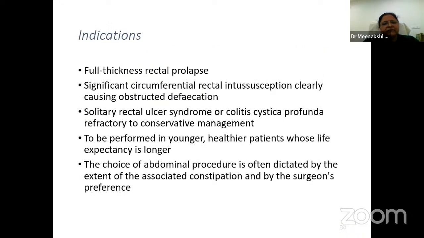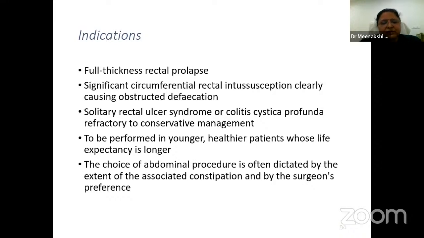Now the indications: whenever there is full thickness rectal prolapse, especially in a young or middle-aged patient, we should go ahead with these abdominal procedures, and especially not by the open approach but by the laparoscopic approach. There is significant circumferential rectal intussusception which is causing obstructed defecation.